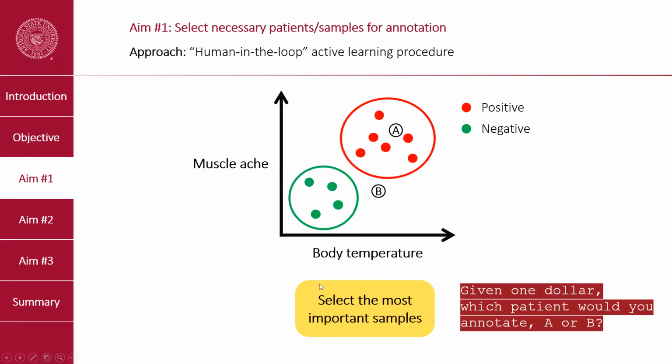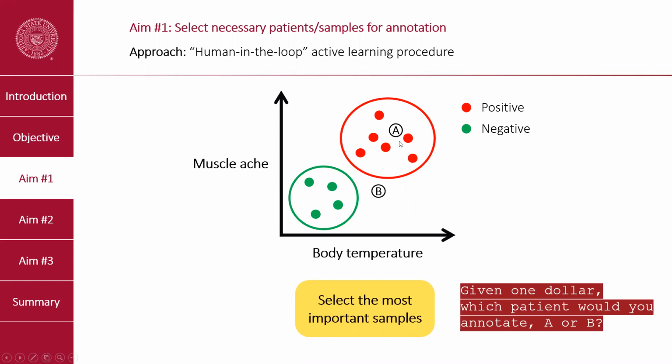For example, we have adopted two major symptoms for COVID-19 and classify subjects into positive and negative groups. Here, A and B are unlabeled subjects. Given the limited budget, which subject would you prefer to annotate first?